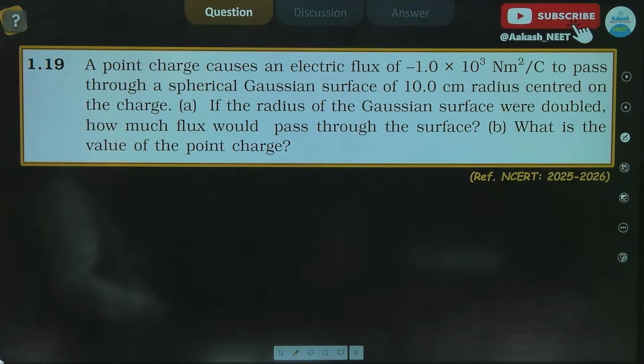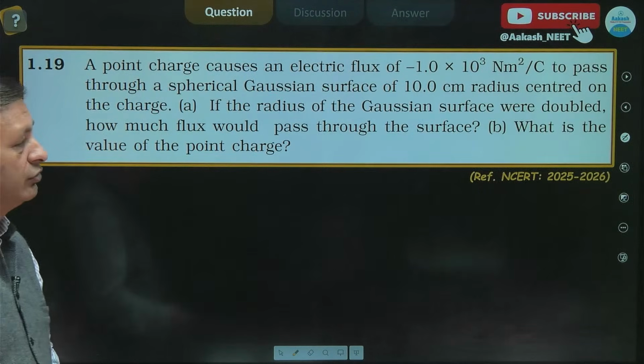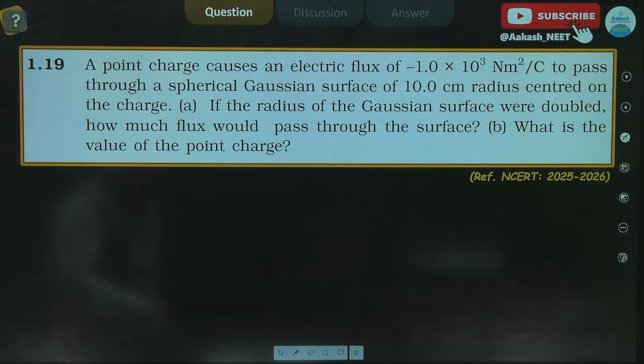Now the next question is again based on the electric flux. A point charge causes an electric flux of minus 1 into 10 to the power 3 Newton meter square per Coulomb to pass through a spherical Gaussian surface of 10 centimeter radius centered on the charge. If the radius of the Gaussian surface were doubled, how much flux would pass through the surface?